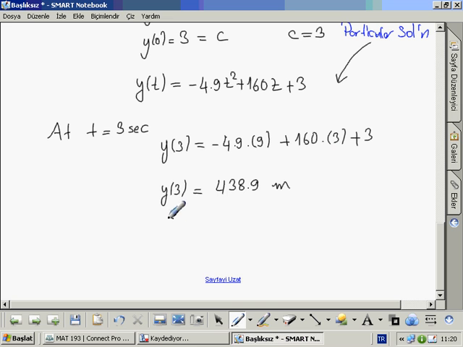And the speed equals the absolute value of the velocity.